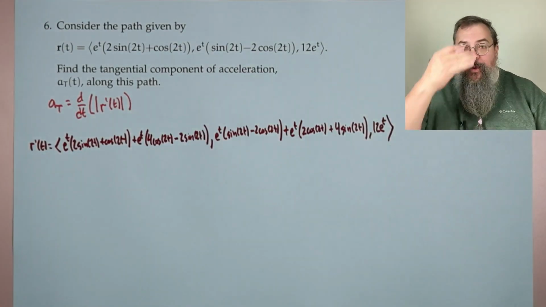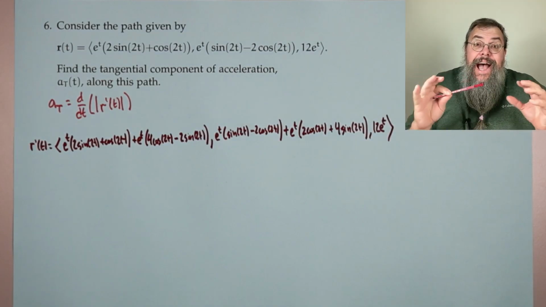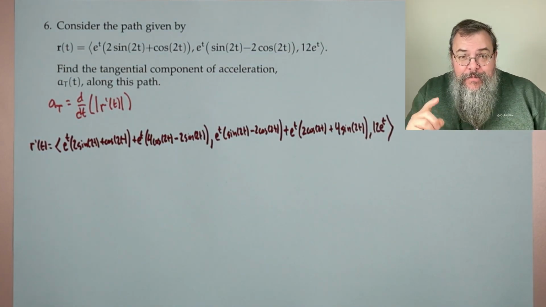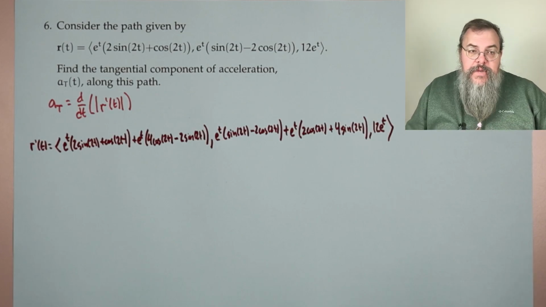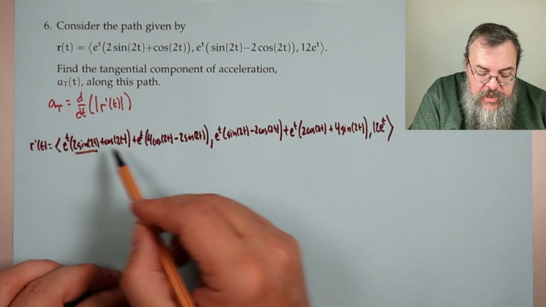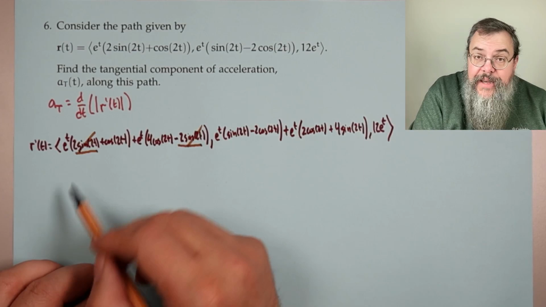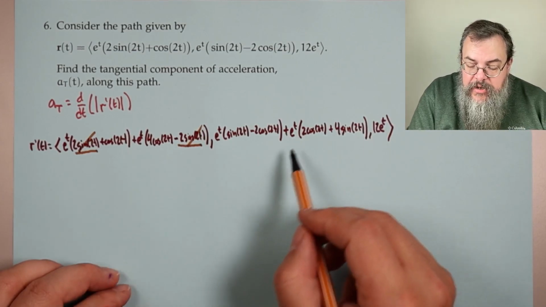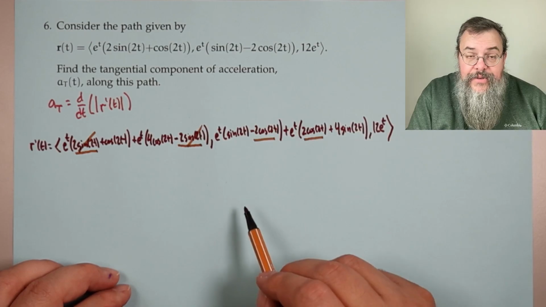All right. Now, at this point, you're probably like, ah, but remember, they like us, right? I'm pretty sure they do, which means something nice should happen. Well, notice here we have a 2 sine of 2t and a minus 2 sine of 2t. Those will end up canceling. Here we have a minus 2 cosine 2t and a plus 2 cosine 2t.